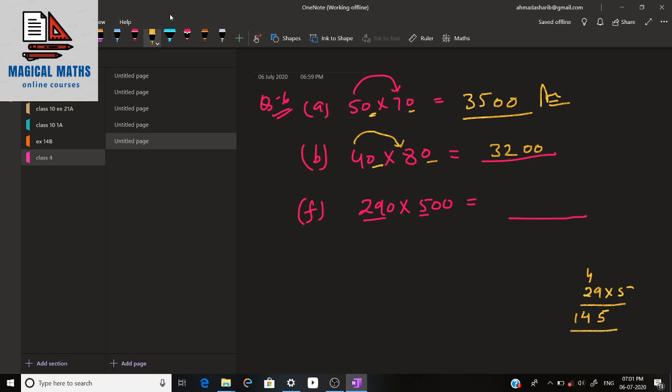Okay, 145. So 145 you will write here, and this 0 and these two zeros. So totally you are having 3 zeros. So place 3 zeros after 145. So your answer is 1,45,000. Is it clear? So you just have to multiply the number to the other number and just place 0 as it is. Okay.